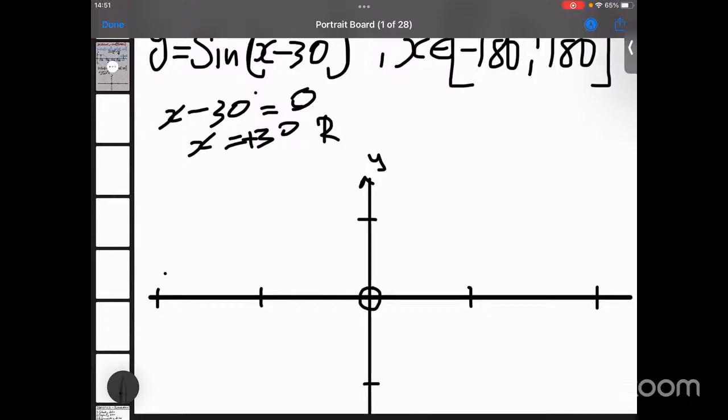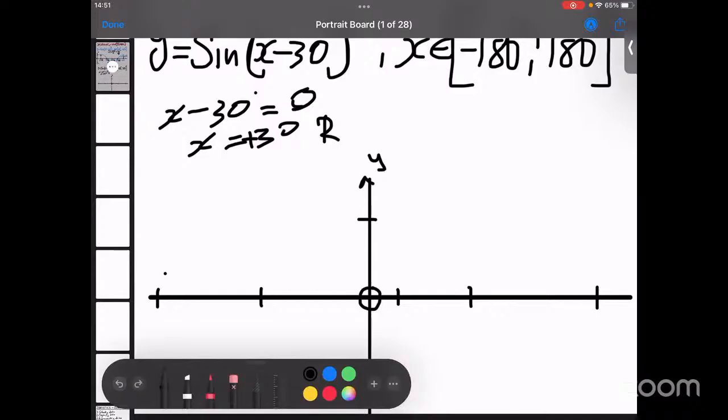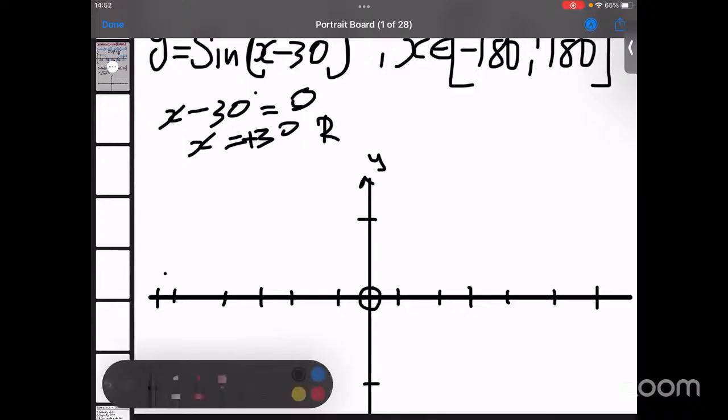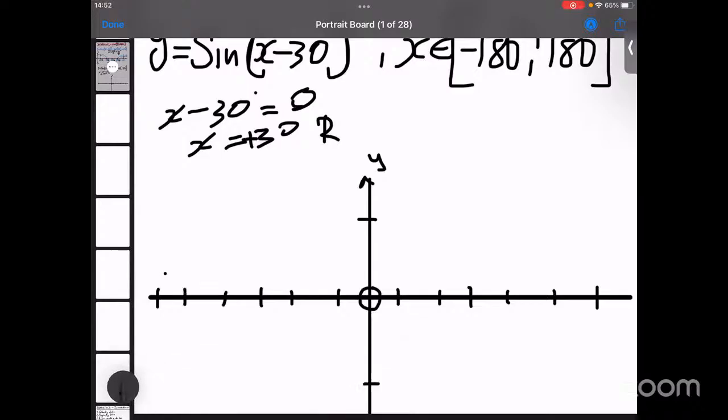We obviously know that we will have 30 there, and after 30 it would be 60, then 90, 120, 150, and then negative 30, and so on, until we get to that.